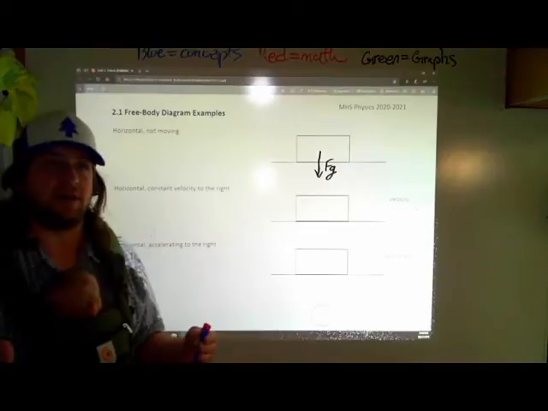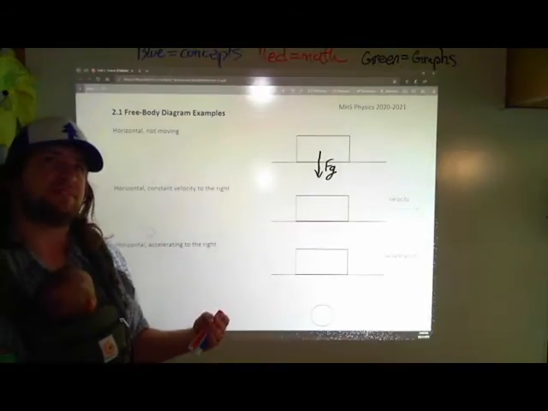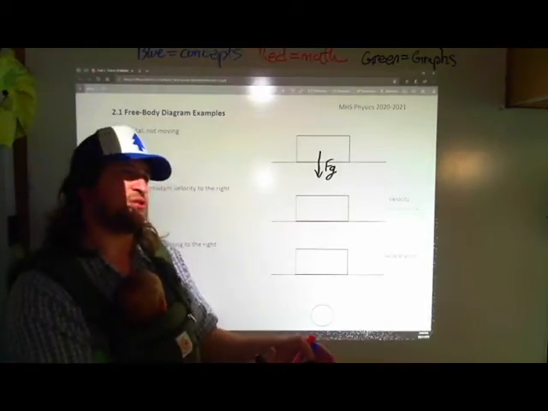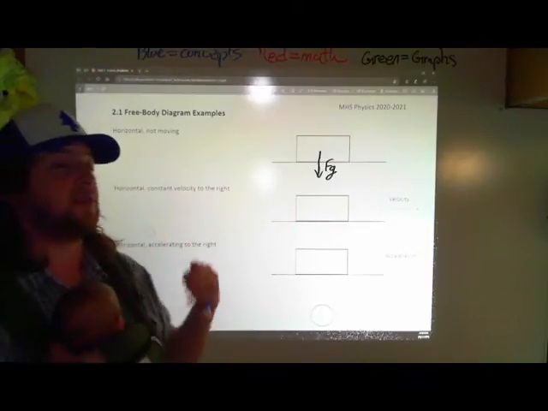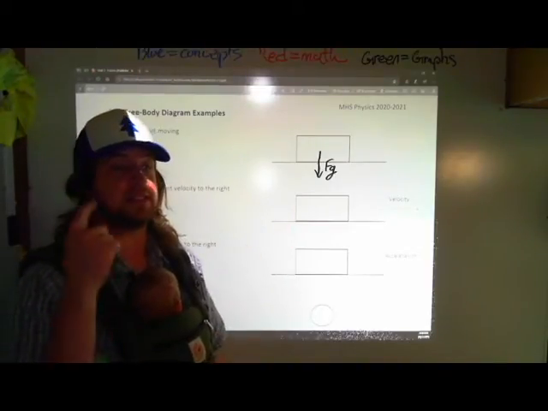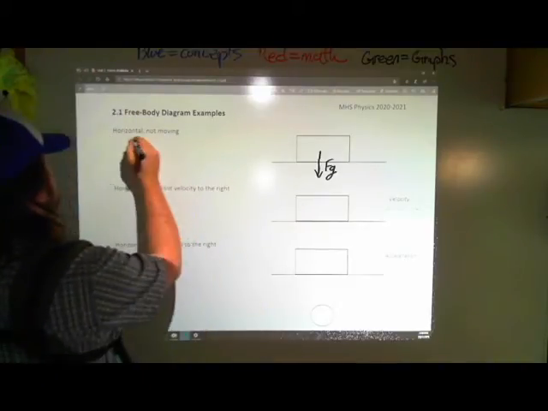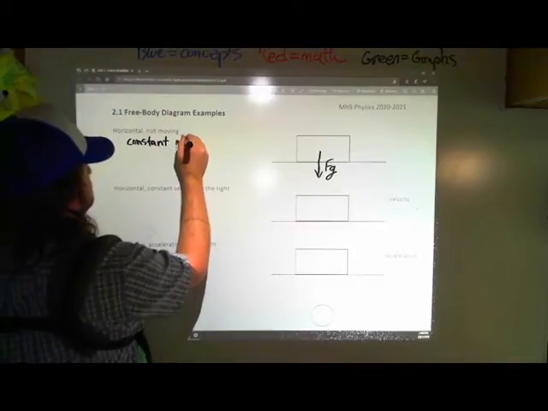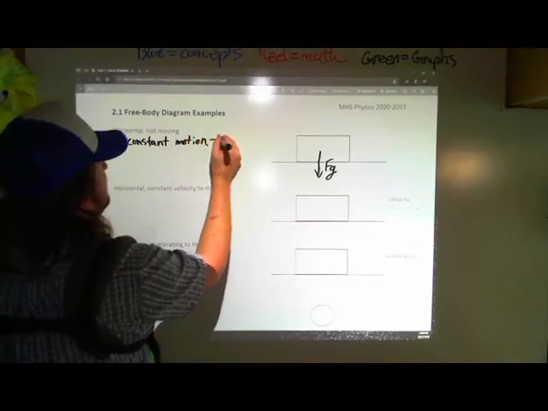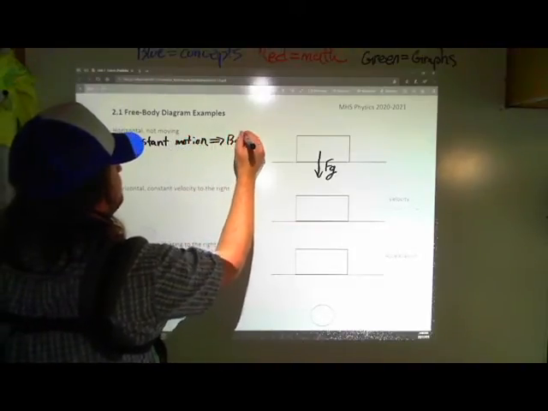Now I have to ask myself, is it experiencing constant motion or changing motion? Well, it's a book just sitting on a table, not moving, so that means it has constant motion. If it has constant motion, that means it has balanced forces.